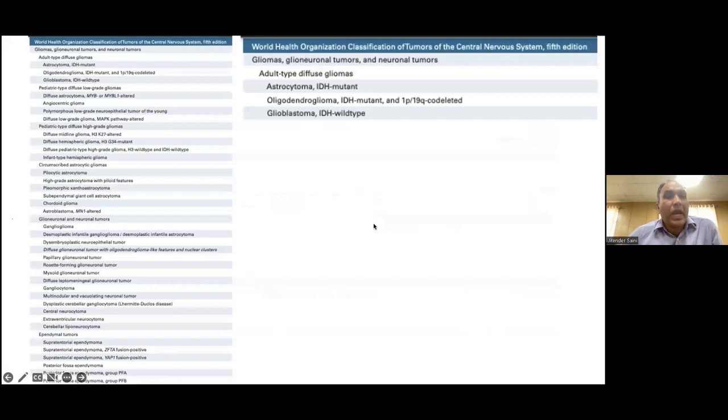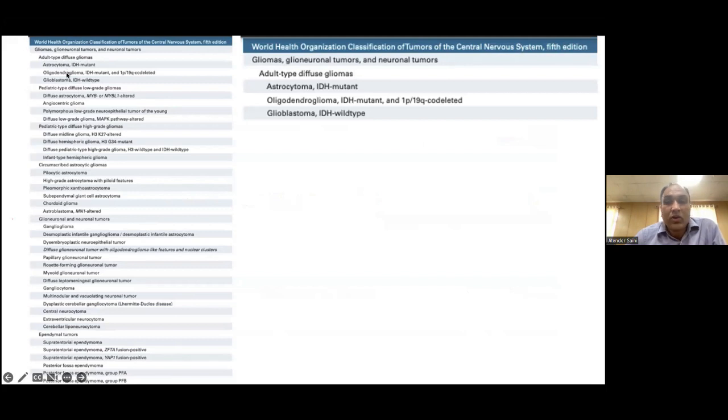So coming to the primary brain tumors, which are present inside the brain. This is the WHO classification, recent classification, and we know that there are gliomas, glioneuronal tumors, and neuronal tumors. So we know diffuse gliomas, which are adult type.